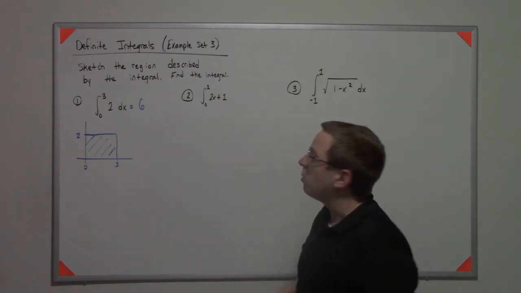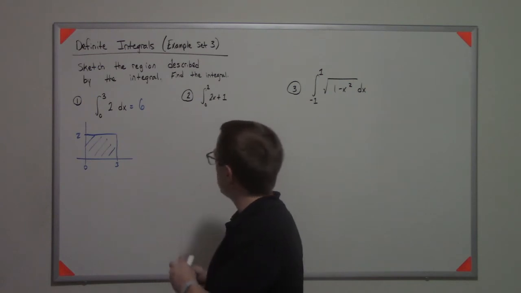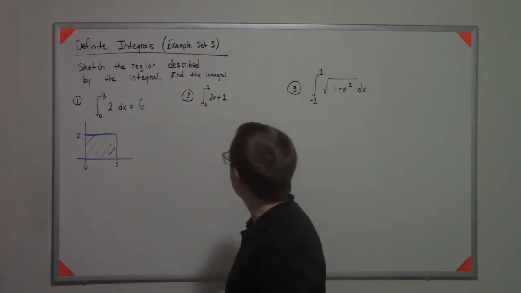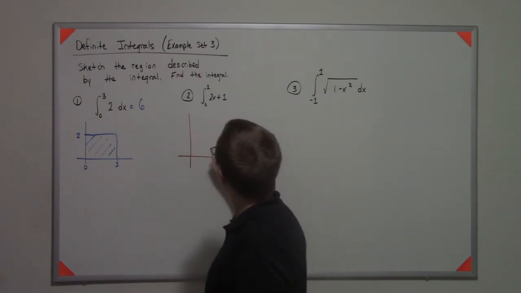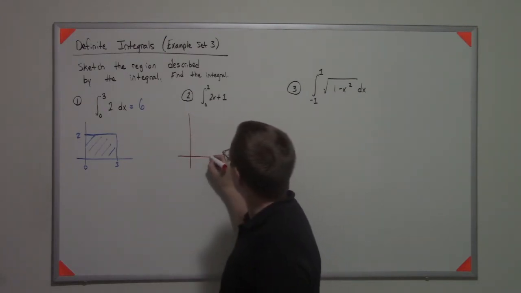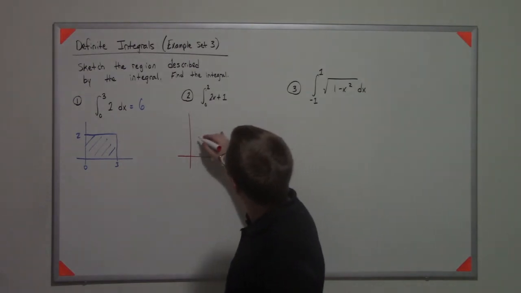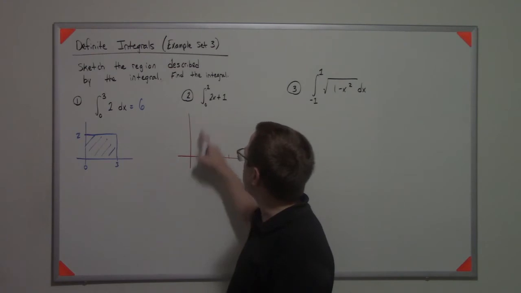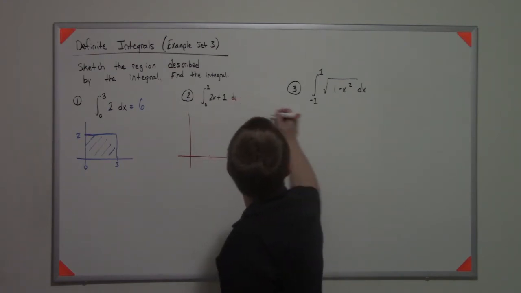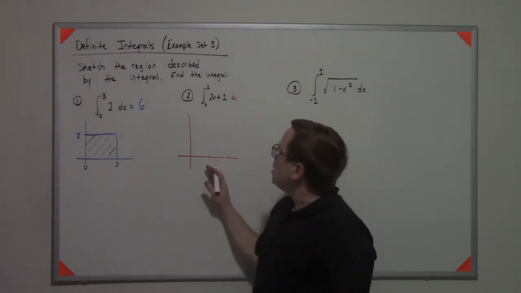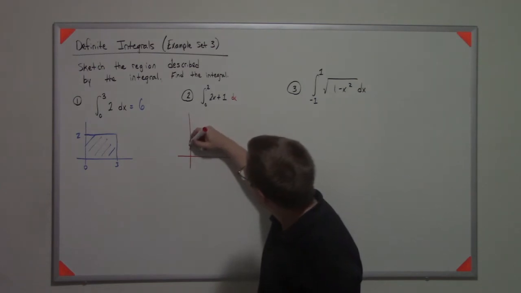We're going from 0 to 2, so at least we're going from 0 to something. It's not too bad. Let's not use black, let's use red. But it's 2x plus 1. So I go from 0 to 2. And when x is 0, by the way, this should have a dx on it. So when x is 0, 2x plus 1 is 1.